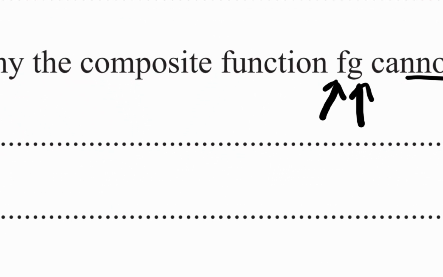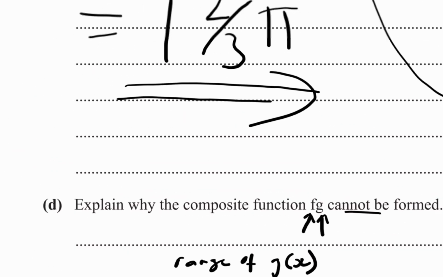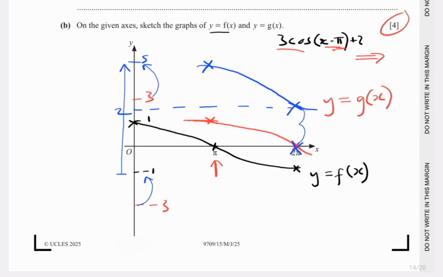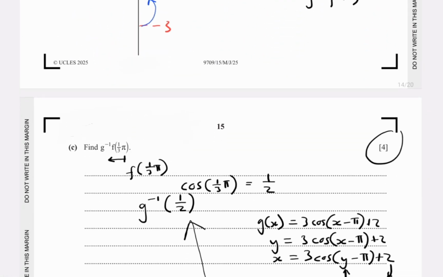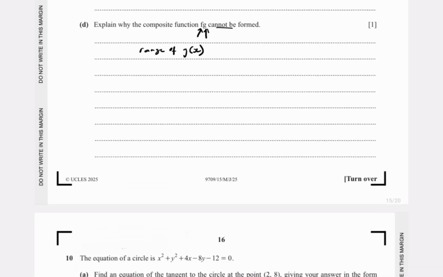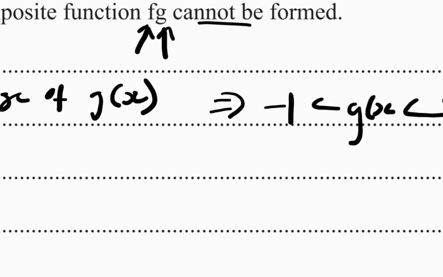So the range of g of x, right? Range of g of x, we can get it from this diagram. It's from -1 to 5, from -1 through to 5, right? So range of g of x is -1 less than g of x less than 5, right?